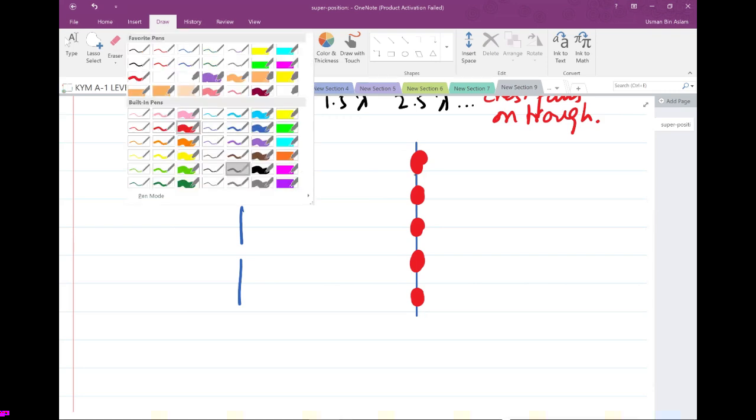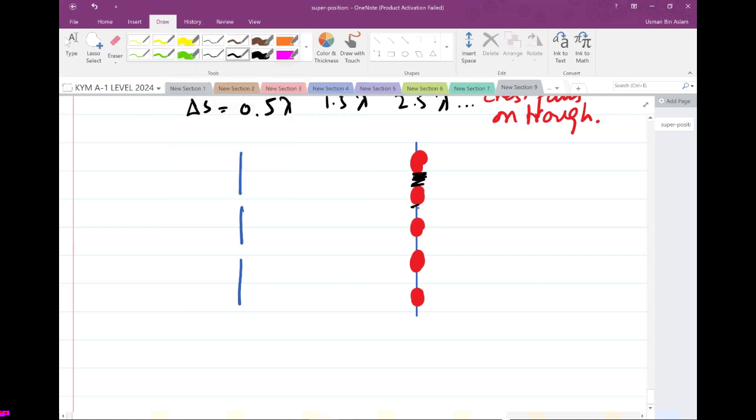The red spots are indicating bright spots, and the dark spots are indicating the black spots. So these dark spots are called destructive interference regions, and the red spots are called constructive interference regions.